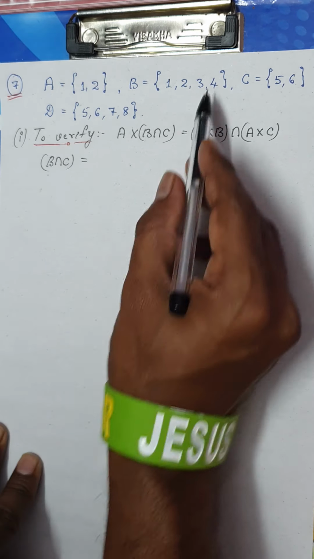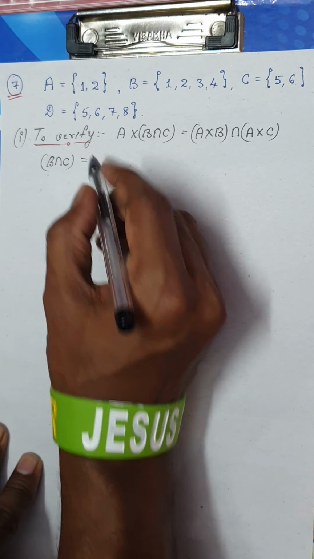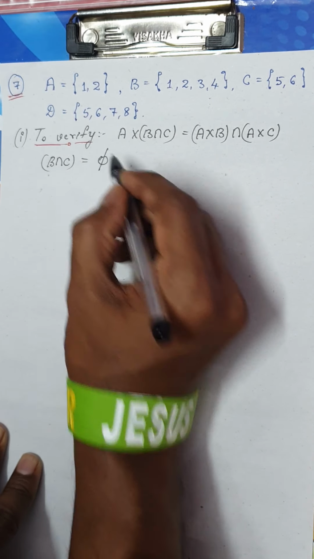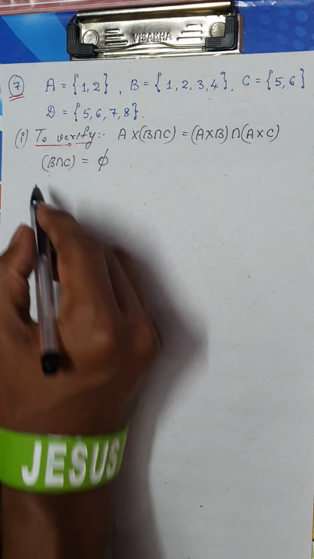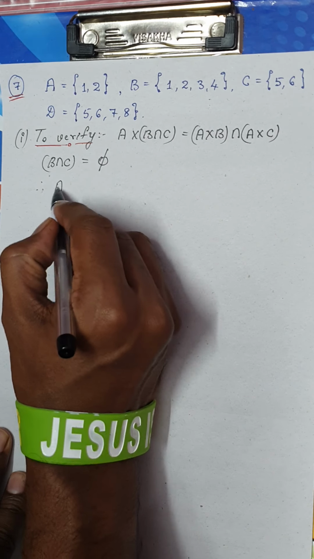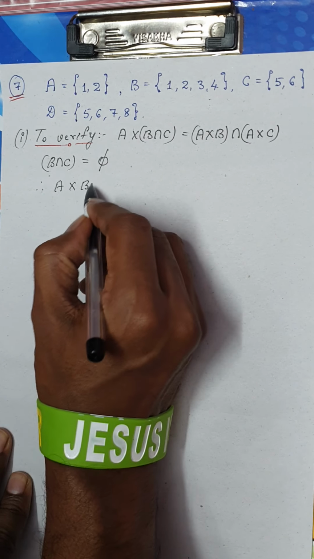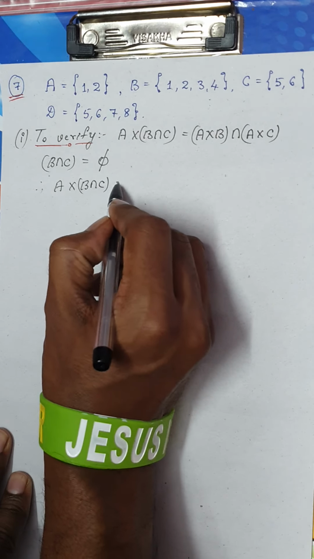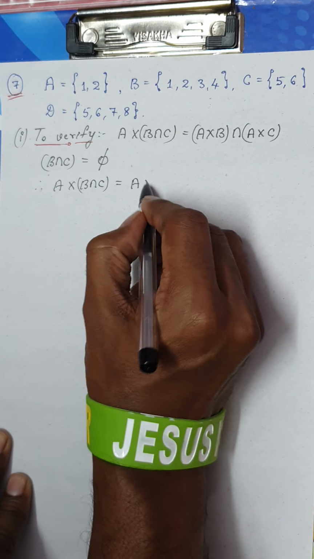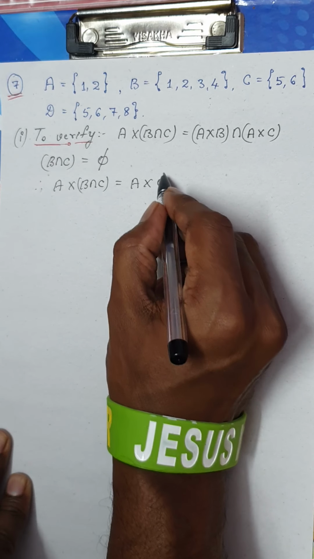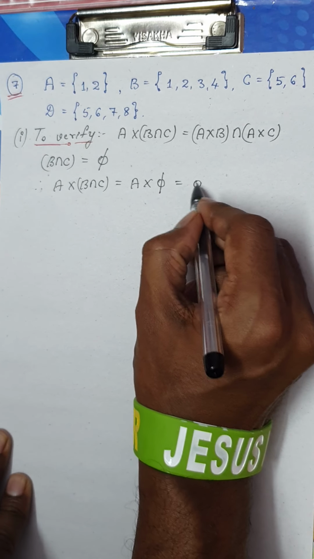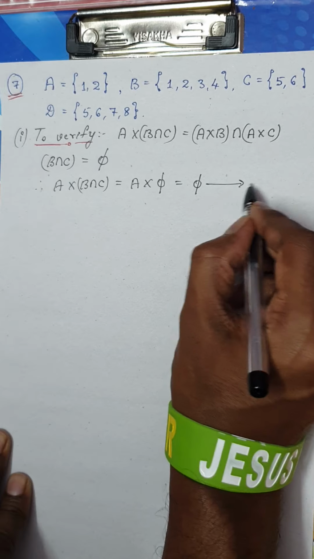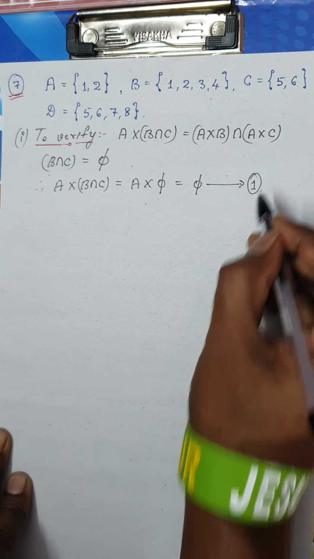Now check here, there are no common elements in these two sets. Therefore it is a null set. Please be careful. Therefore, A cross (B intersection C) is a null set. This will definitely give me the null set. Let me take it as equation 1.